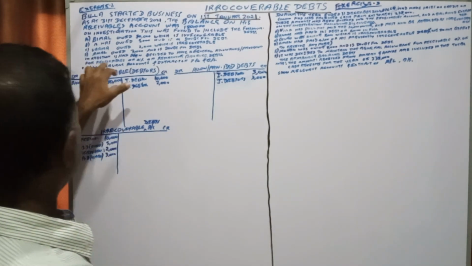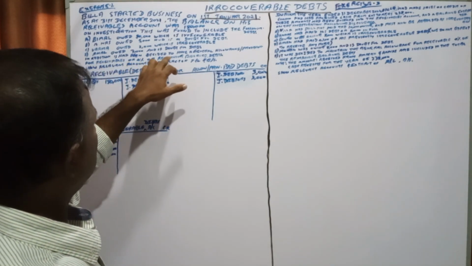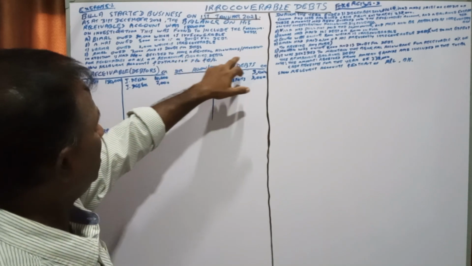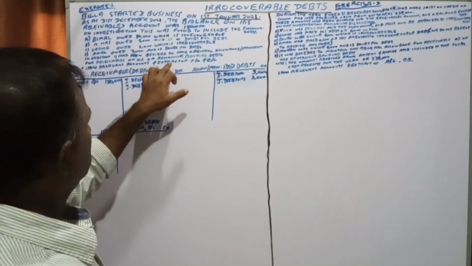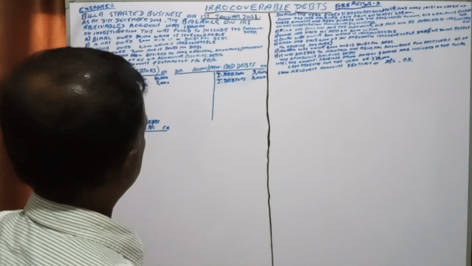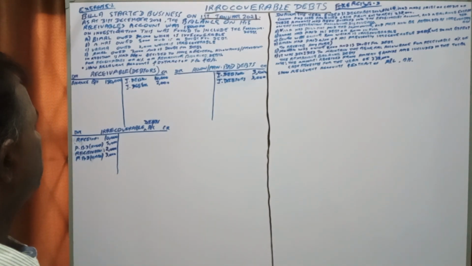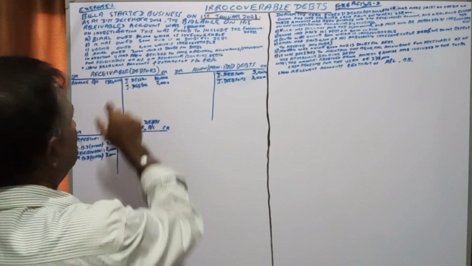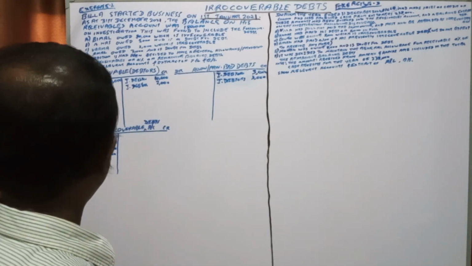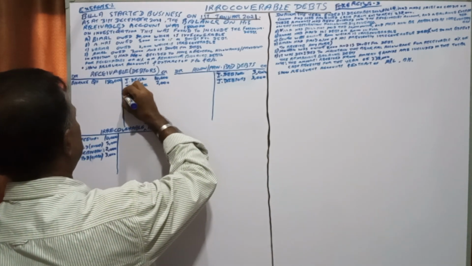In addition, it has been decided to have a general allowance or provision for receivables of 4% of the remaining balance of debts. Remaining balance in the sense of the carried down balance. So here we will say balance carried down.